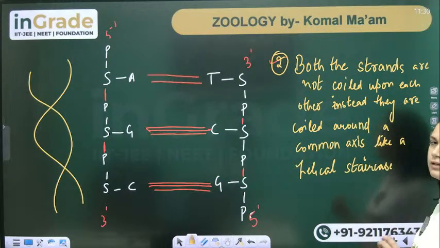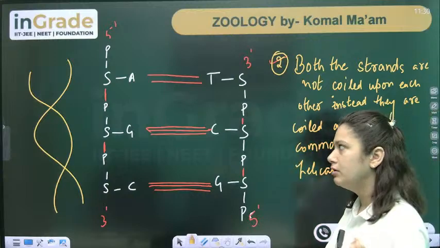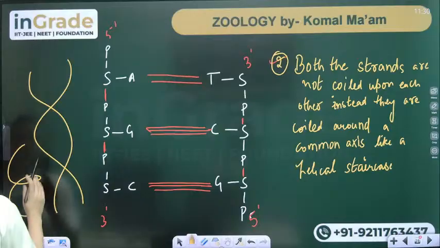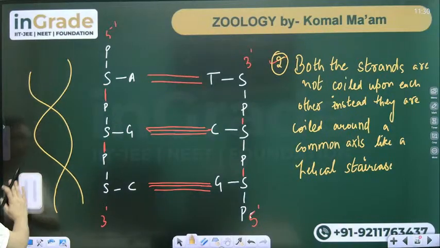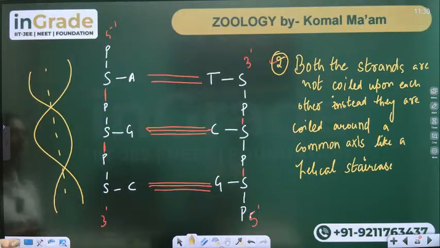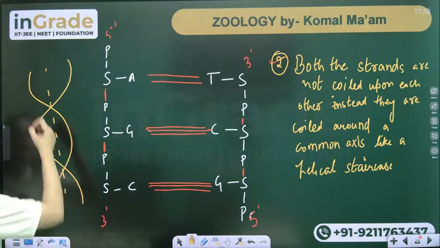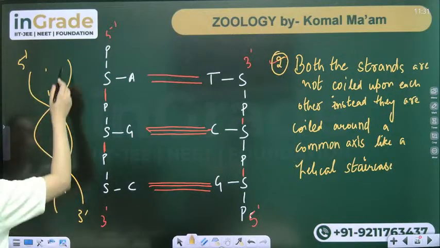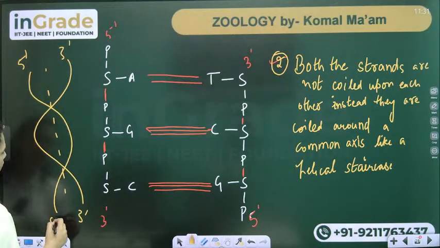You must have seen a helical staircase in many homes like this. Okay, and so basically there is this common axis around which both the strands are coiled, in which one strand has a 5' to 3' end and the other has a 3' to 5' end.